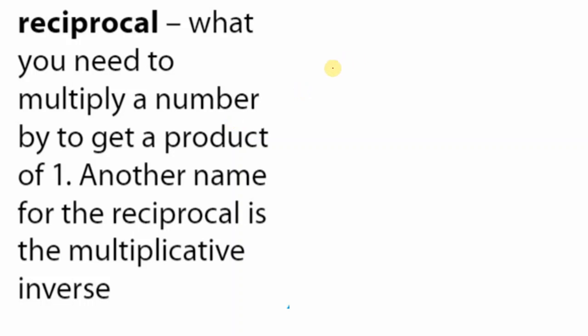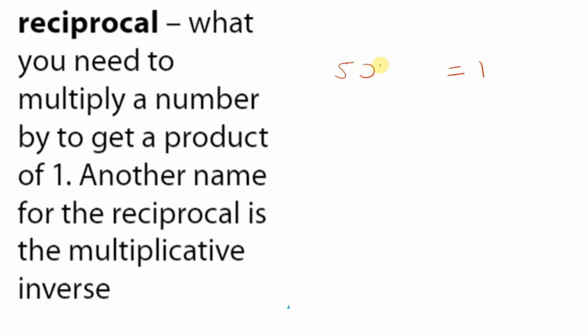So in other words, let's take a number, let's say 5. It is what you need to multiply a number, a number is 5, by to get a product of 1. So we need to multiply this by something to get 1.